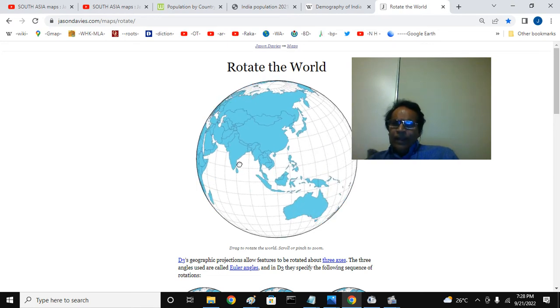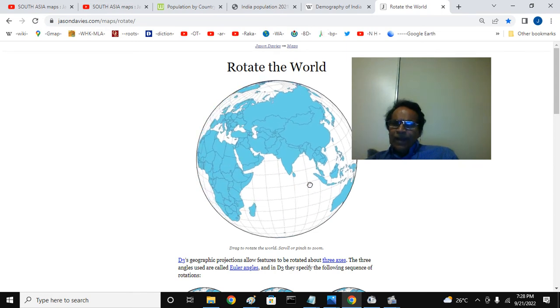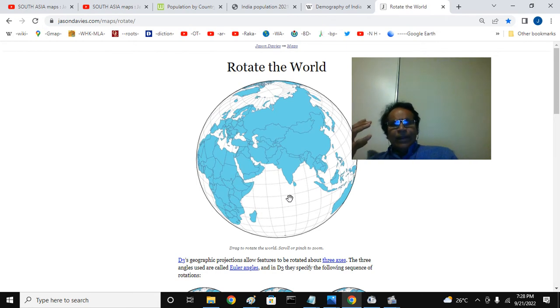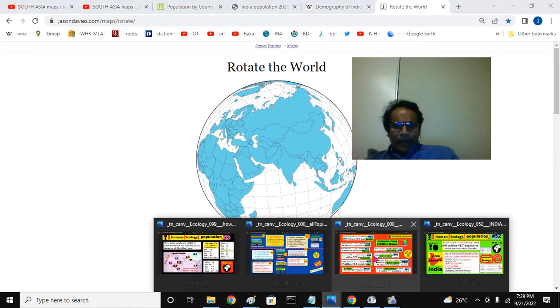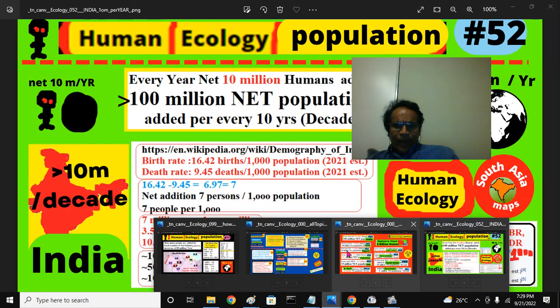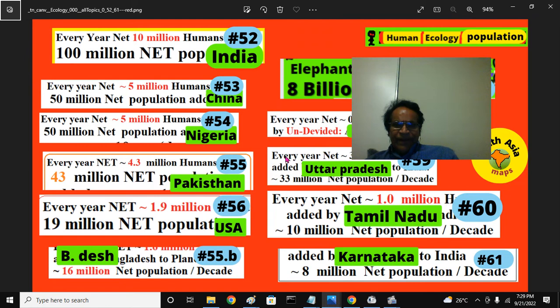That is the same amount of population as Philippines and Egypt, which are the 12th or the 13th largest countries on the planet Earth in terms of the population. So that is about the population addition in India per year.